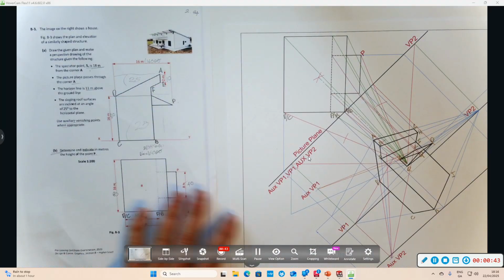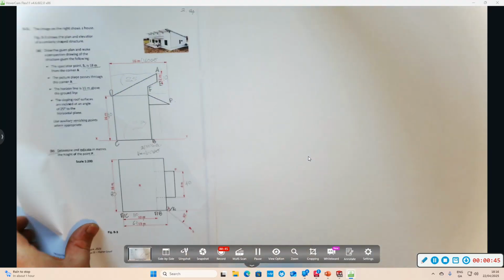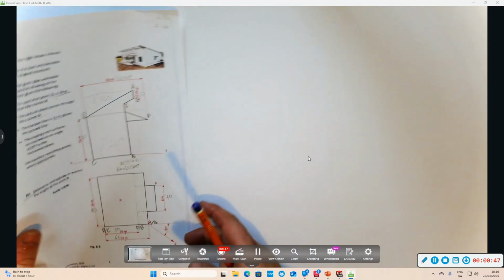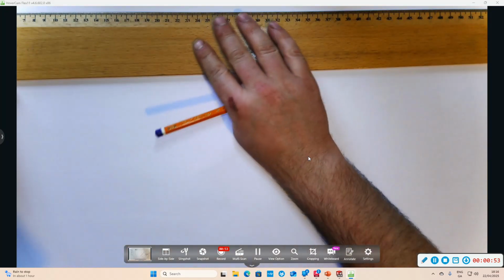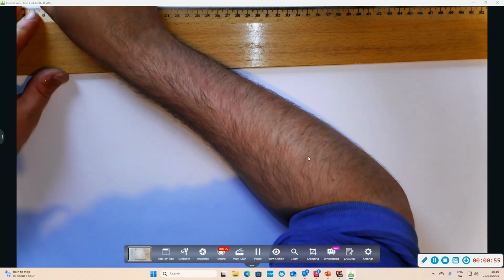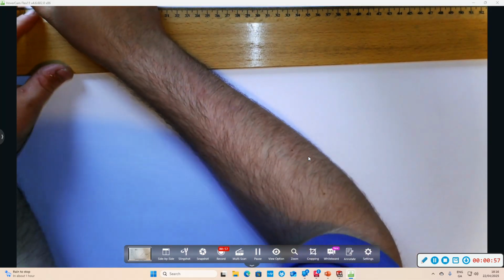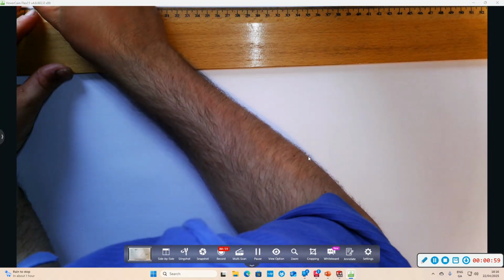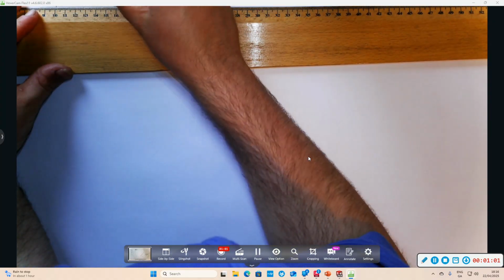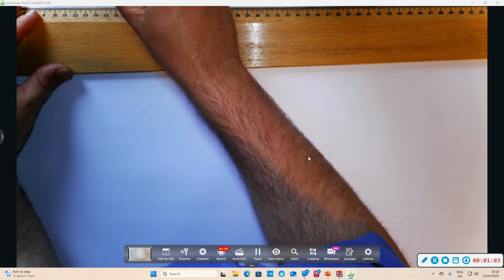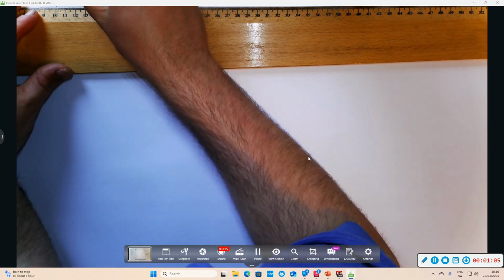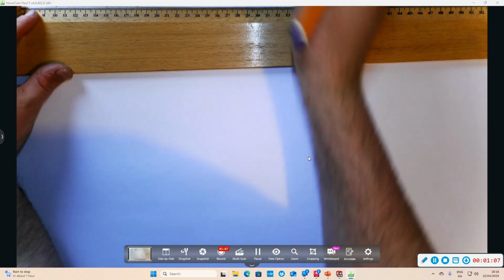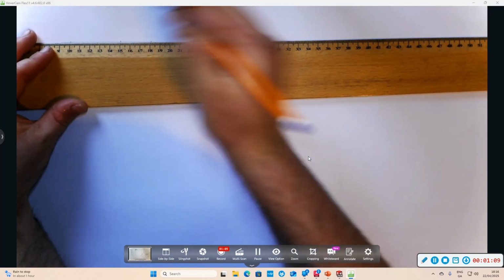Now we'll draw our plan. So we're going 80 millimeters across here for the total width, from our start point. Sorry, I was a little bit out there.